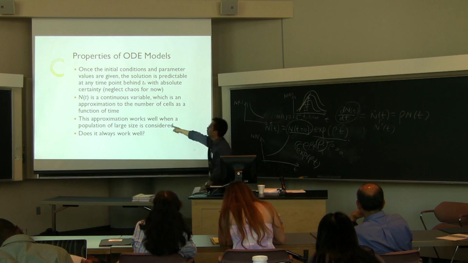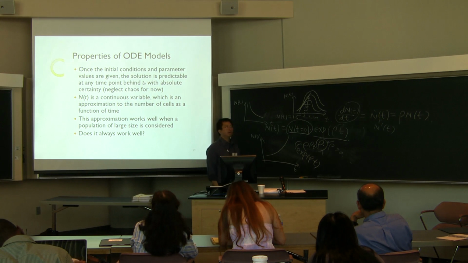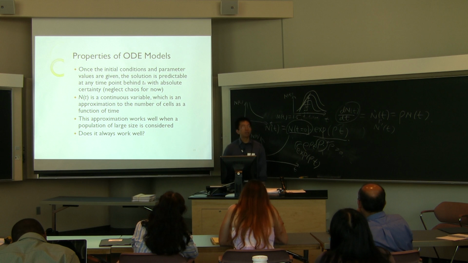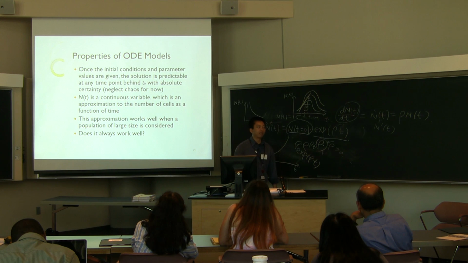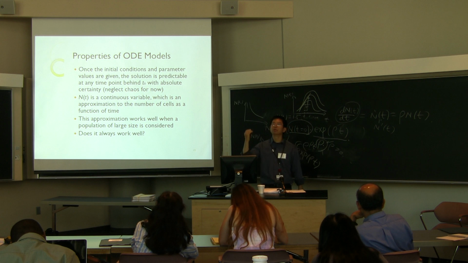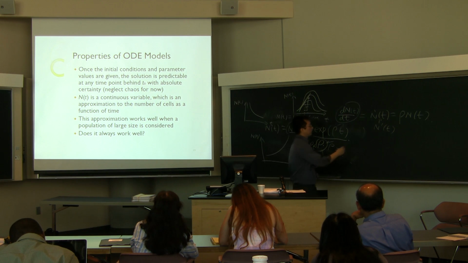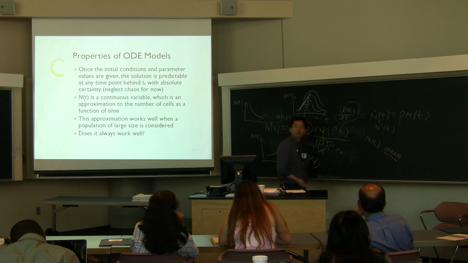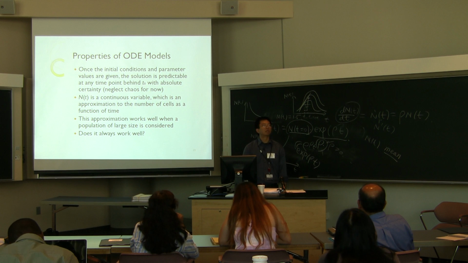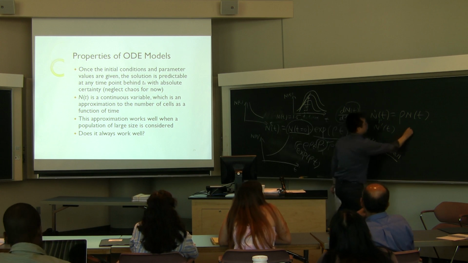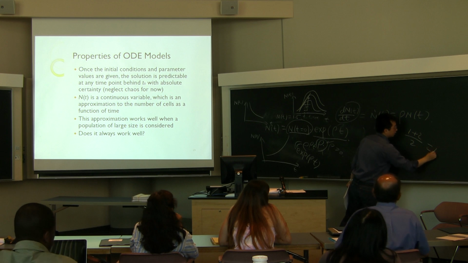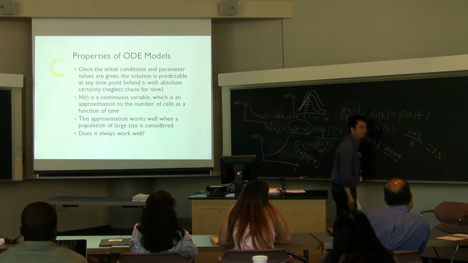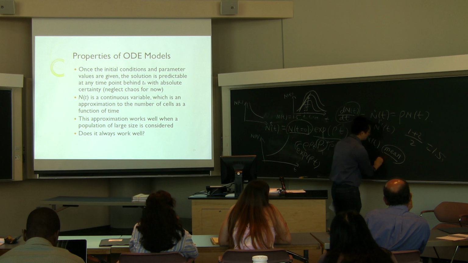The reason behind this is that N(t) is a mean. What we model using ODE is the mean number, not the exact number. You can use a stochastic model to model the exact integer numbers, but here N(t) is a mean. We know the mean of integers can be a real number: the mean of 1 and 2, (1 plus 2) divided by 2, is not an integer. That's why once you use a mean, you use a continuous variable.